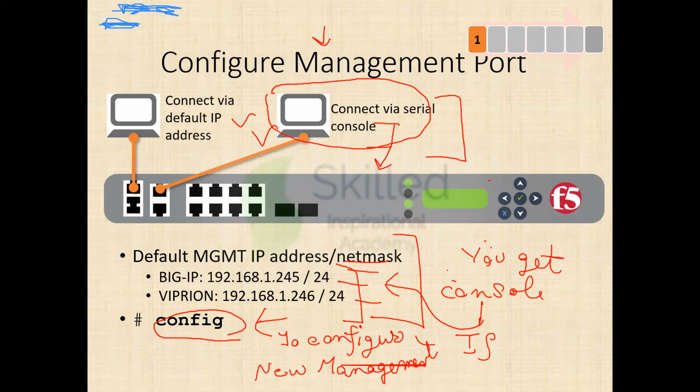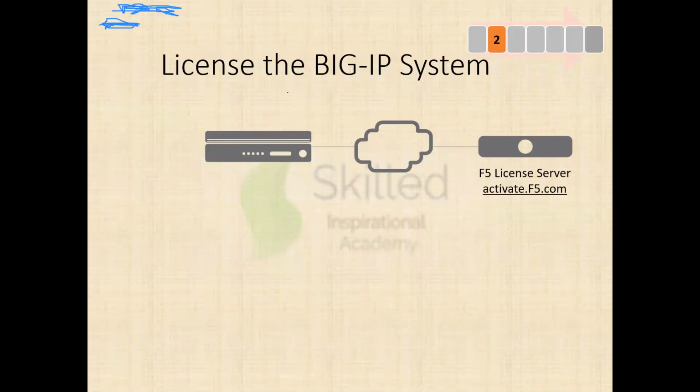You connect through the console port. Ask someone who is there in the data center. They will connect their laptop to your console port, and you can connect through this IP address. After that, once you have the IP address you configured, you will get GUI access for your F5.